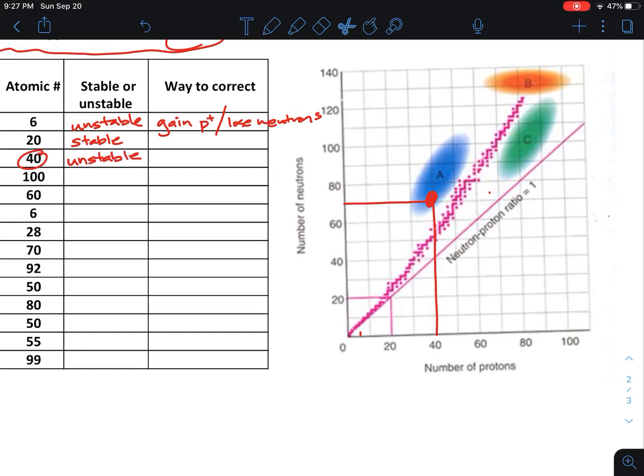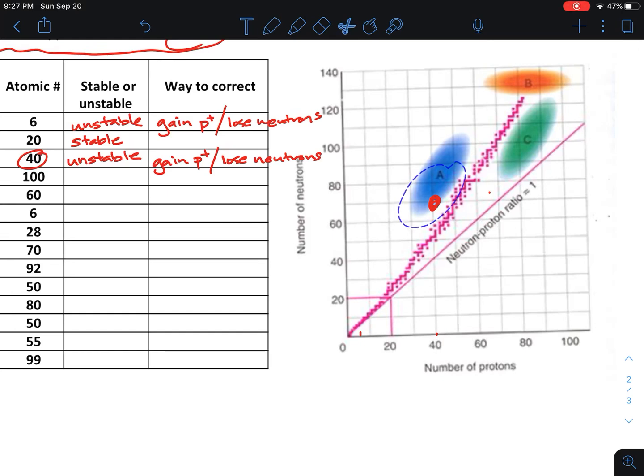And so what could happen in order for this to become stable? Well, like we said earlier, right here, you could either lose neutrons to get back down to this range, or gain protons. So I'm going to write the same thing. You could either gain protons or lose neutrons.